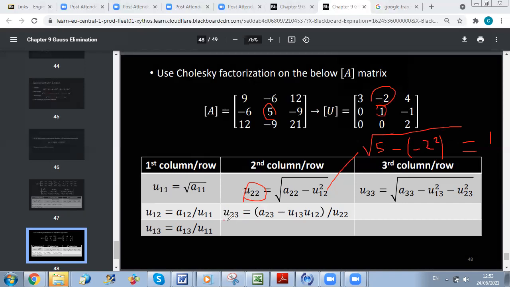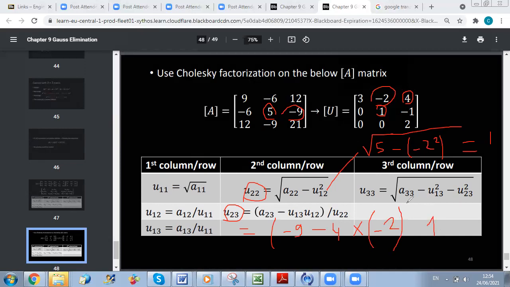Now for U23, it's equal to A23, which is minus 9, minus U13, which is 4, times U12, which is minus 2, over U22, which is 1.